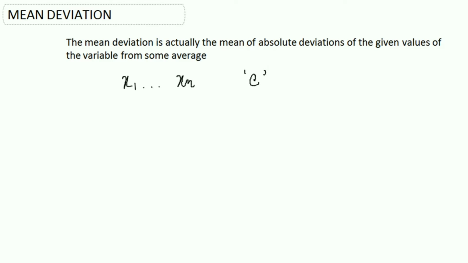Then the deviation of the values from c is xi minus c. The greater the deviation, the more is the dispersion.